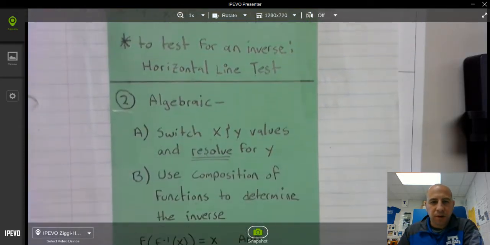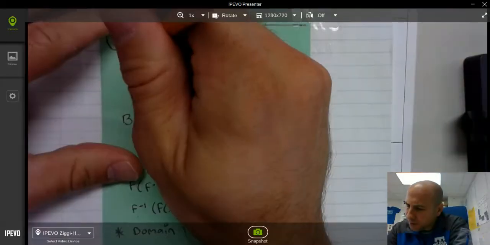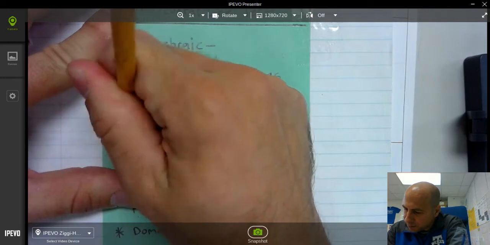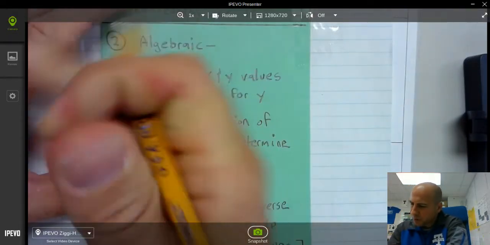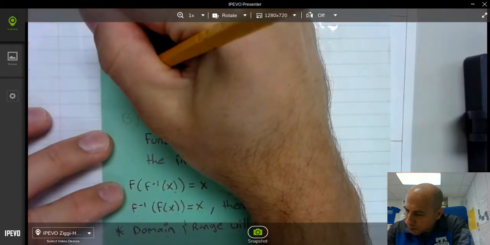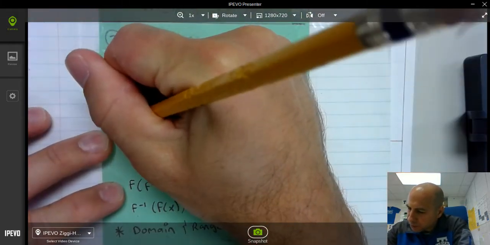And then method 2 is algebraic. I think I use A and B, but I'm more of a steps person, mathematical steps. So let's use step 1 and step 2.